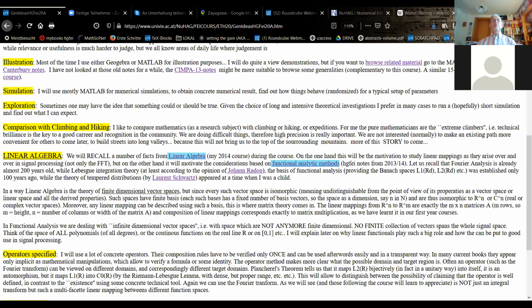Definition number one: if you have such a space of signals, vectors, images, objects, or sound signals, if they're of the same kind, you have a linear structure, so you can build linear combinations.